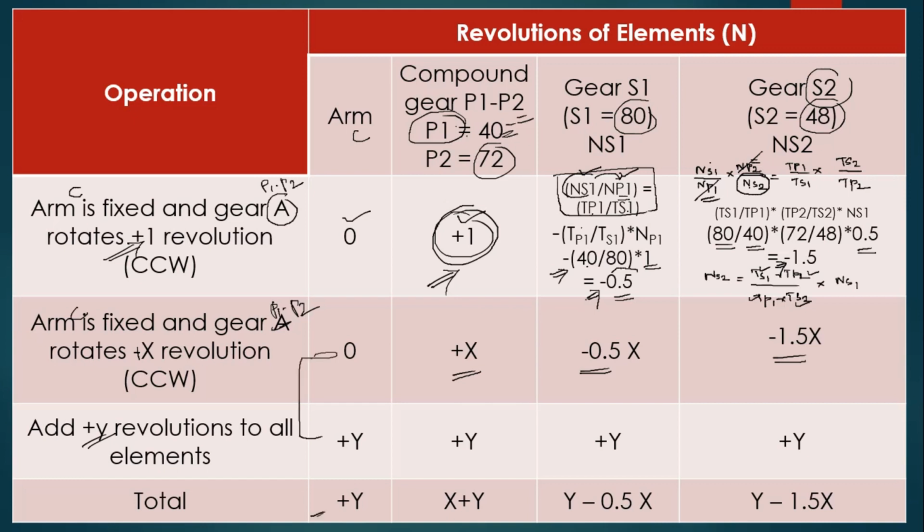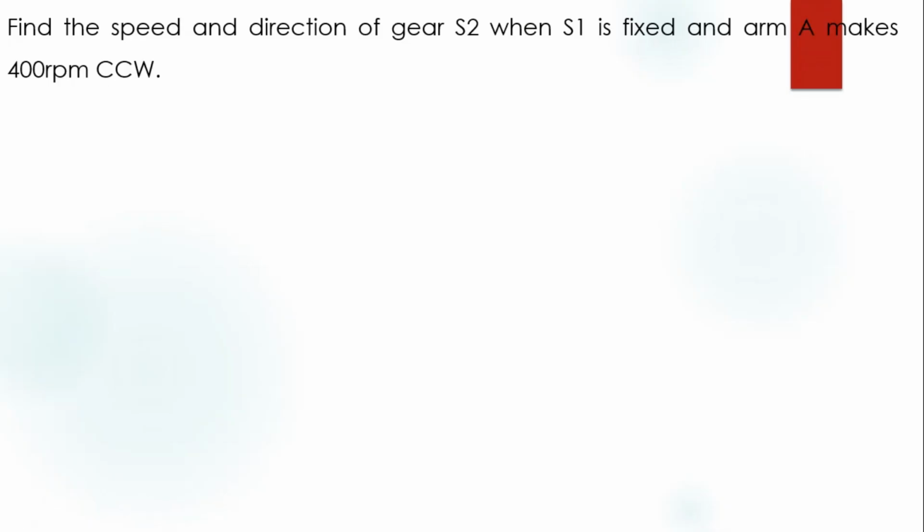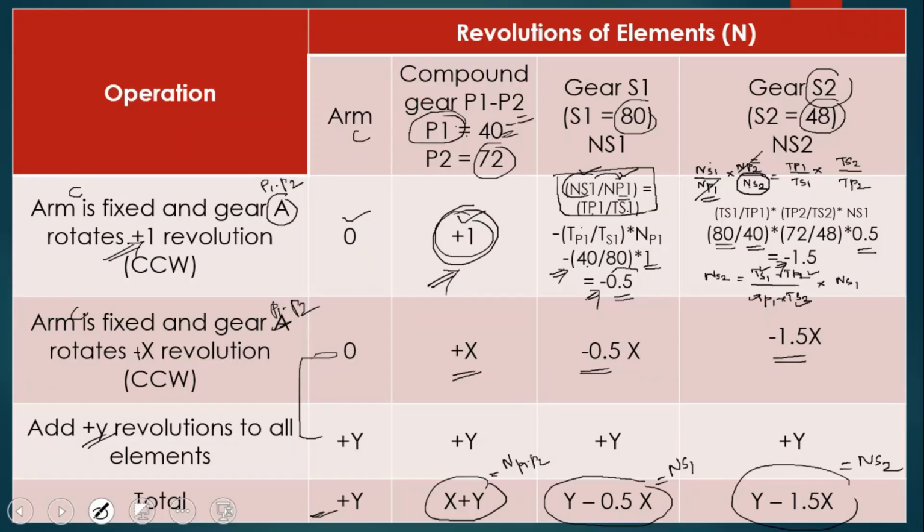So here Y, here X plus Y, and this is the speed of S1, this is the speed of S2, and this is the speed of P1 P2, right? So take these equations. So find the speed and direction of gear S2. What is the formula for S2? Y minus 1.5x, right?